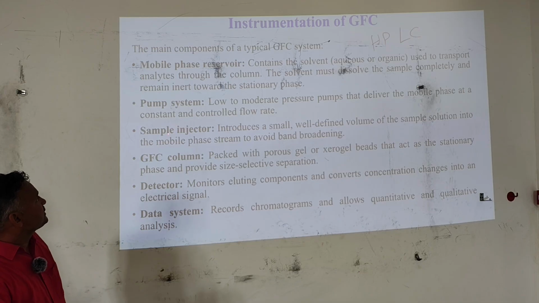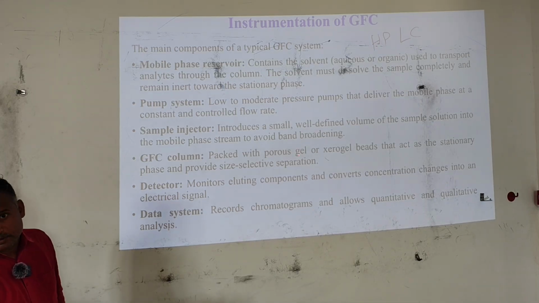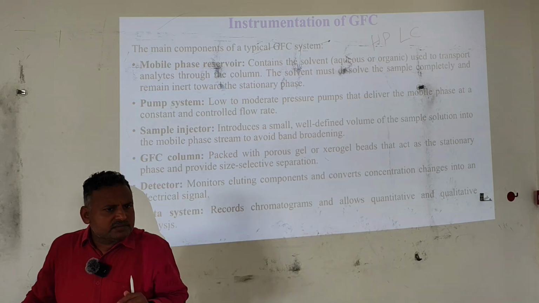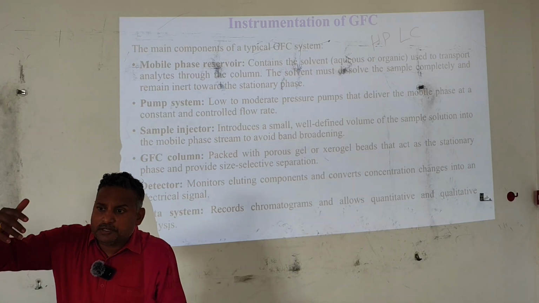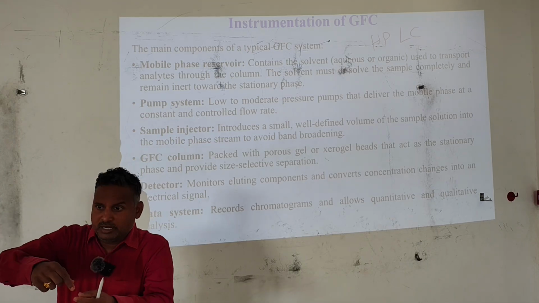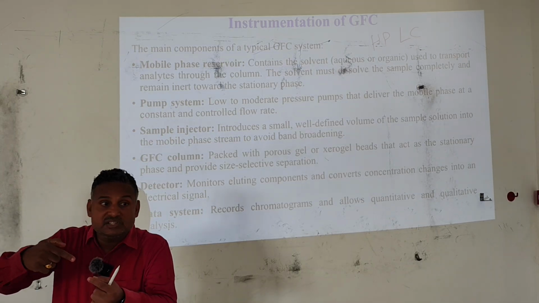Low to moderate pressure pumps that deliver the mobile phase at a constant and controlled flow rate are needed. The sample injector introduces a small, well-defined volume of sample solution into the mobile phase stream to avoid band broadening. In all instrumental chromatographies, sample injection must be very short. For example, in manual injection, you take the sample in the injector, which is a syringe.